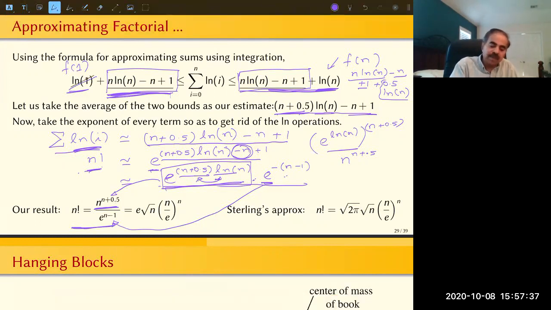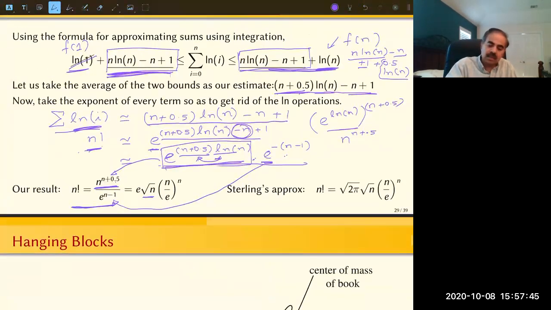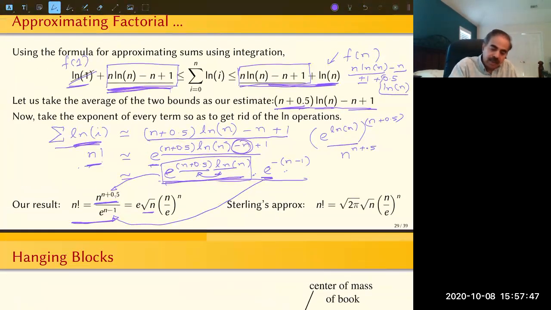N to the power 0.5, I have written as square root n, and then n to the power n is here. And e to the power n minus 1 has been separated into e to the power n here, and then 1 over e over there.